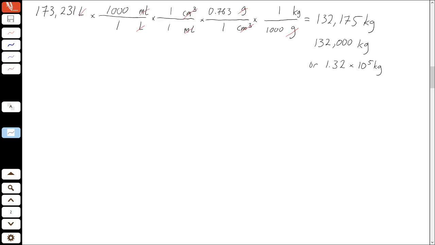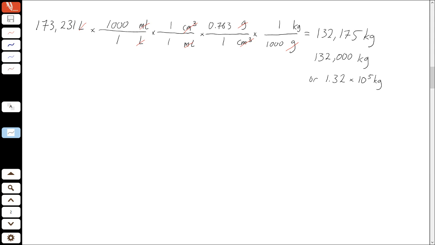Yeah, it's actually infinite. So what's happening here is we're thinking about measured versus exact quantities. An example of an exact quantity is 1,000 milliliters in a liter.